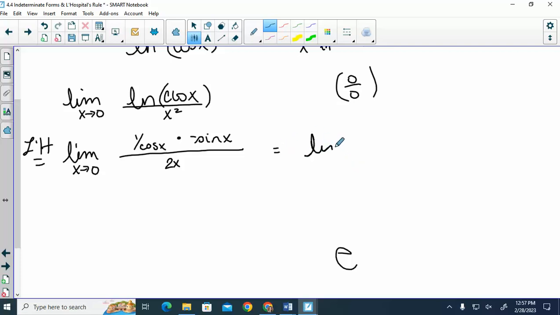So we have a limit, x approaches 0. On the top we have negative sine over cosine. Sine over cosine is tangent. Let's just write tangent so we don't have a fraction. Over 2x.